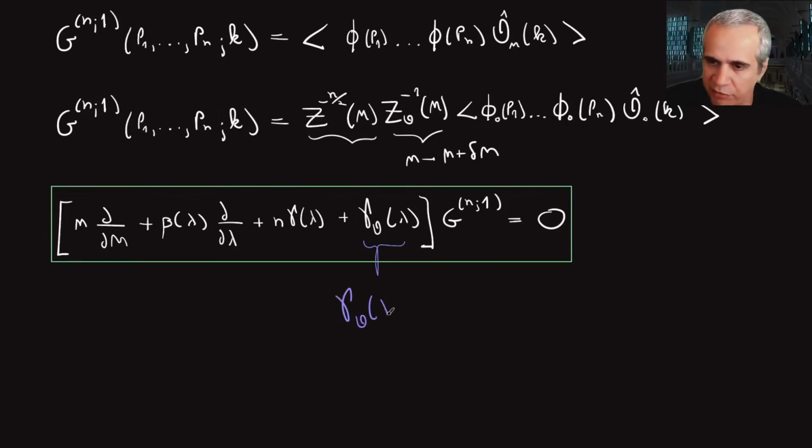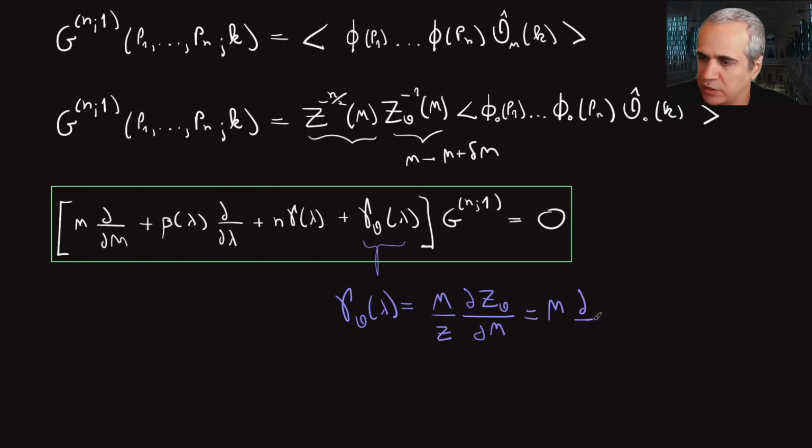Because this is all very analogous, this is just m over Z_O, del Z_O, del m. It's how this varies as I change the renormalization scale. And of course, another way of writing the same thing is just m del m of the log of Z_O of m.